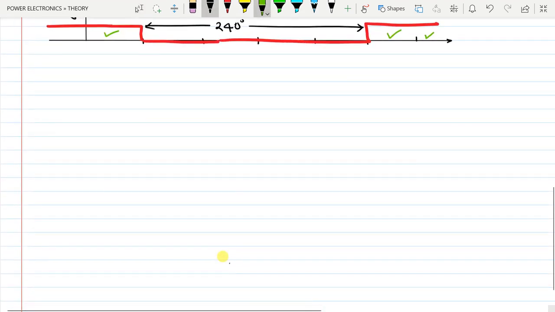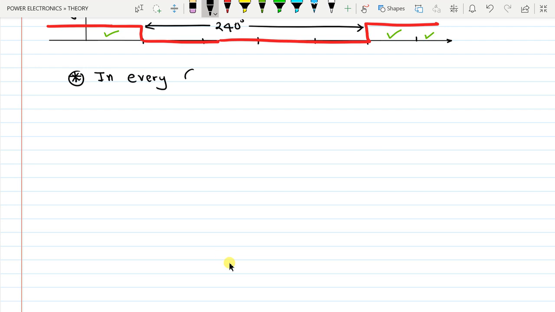So we can write down here the intervals and the conducting pairs. So we can say that in every 60-degree interval, two transistors conduct. So, interval and conducting pairs.